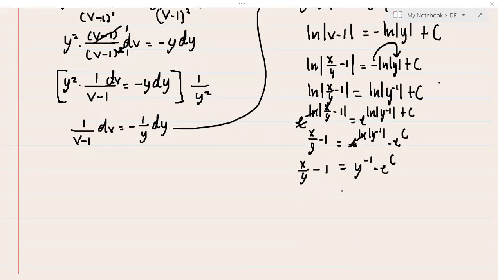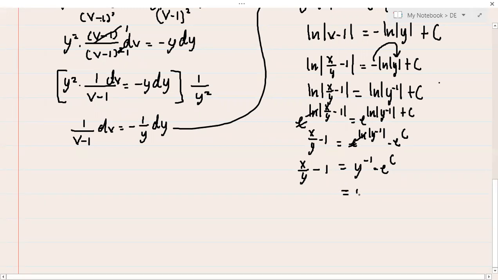Itong si e raised to c, we can just simply rewrite this as c. There you go. Alright? Then, ano pa? Itong si y raised to negative 1, pwede mo naman siyang gawing 1 all over y. Tapos multiply mo ng c. So, mangyari dyan, magiging c all over y.